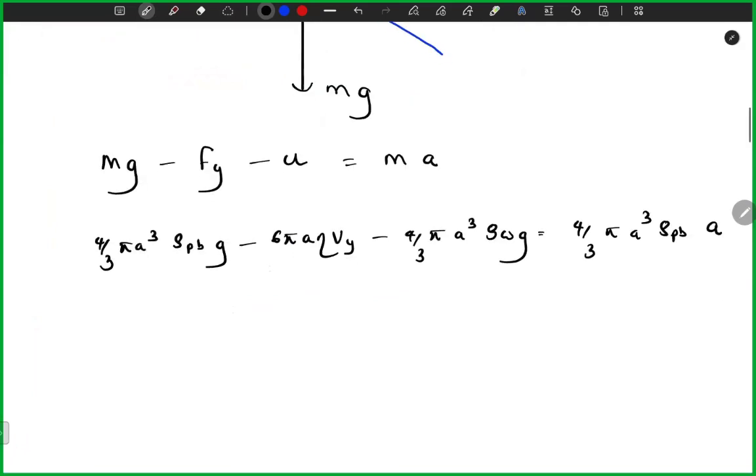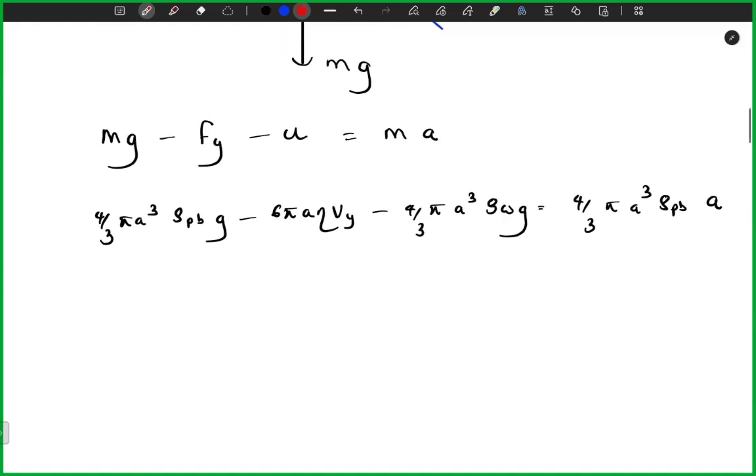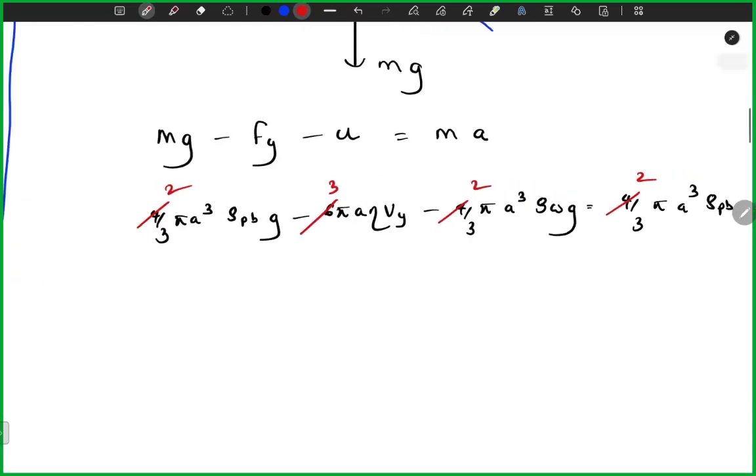Now simplifying this, you have to be very careful. Take it easy, go step by step. Did you all get the conclusion up to this point? Understood? Yes. Okay. Now, I can divide by 2. This is 2, this is 2, this is 3, this is 2. And of course, I can multiply by 3 as well, right?